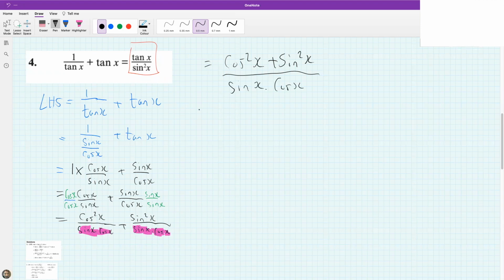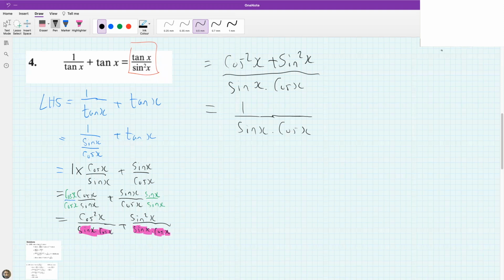That's fine. But really, this is just going to be 1 over sine x times cos x. Okay, now that's looking pretty simple.